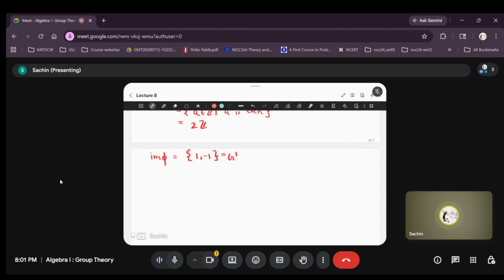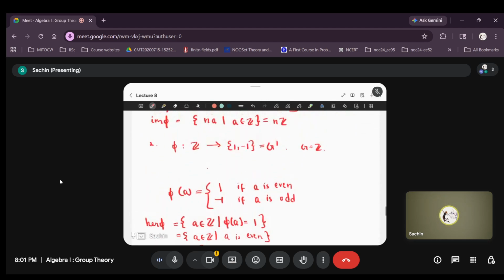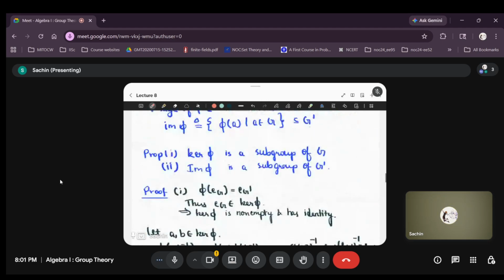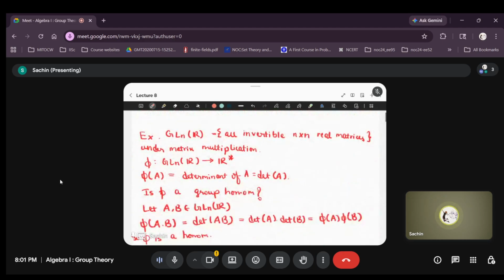The next example was not a homomorphism, so we stopped there in the last class.